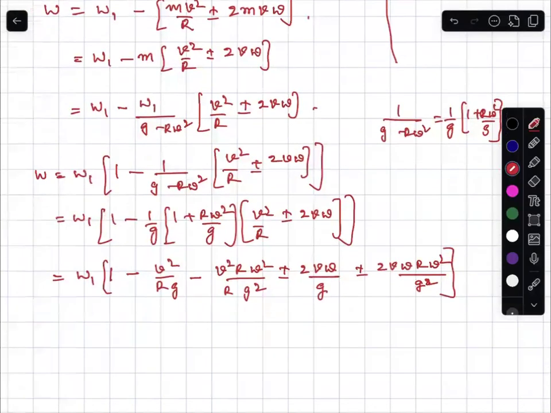So in these terms, these terms are very, very small. But prove the term is small. So therefore, W is nearly W1 times 1 minus 2v omega by g, plus or minus, correct. Any doubt?